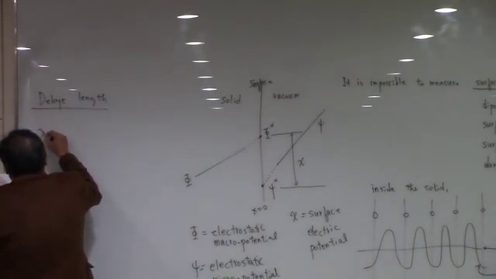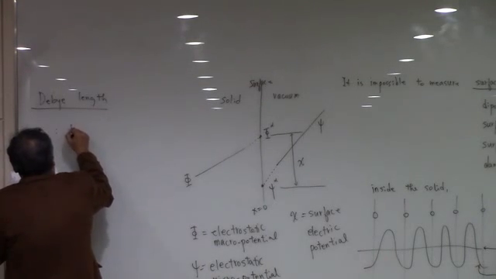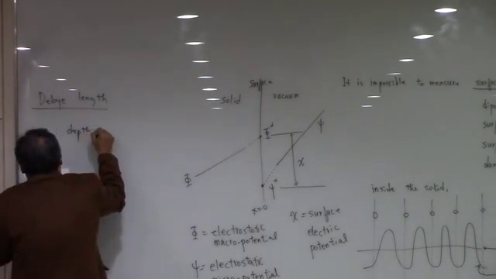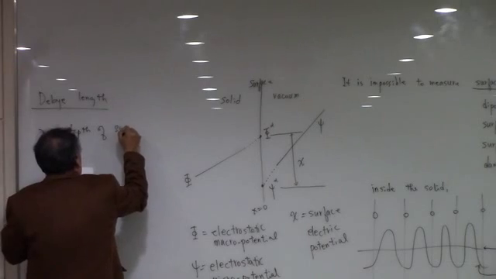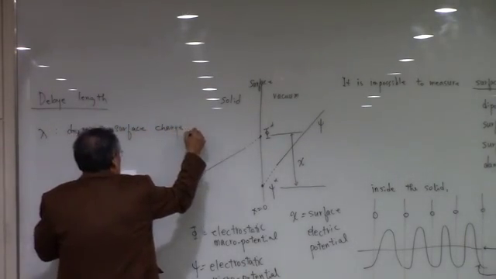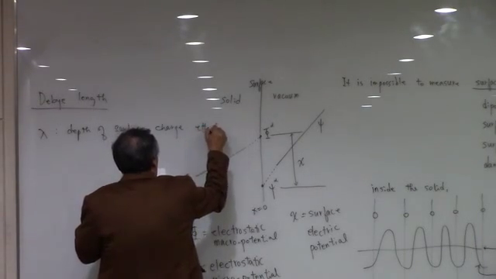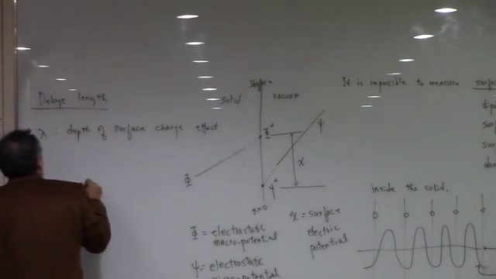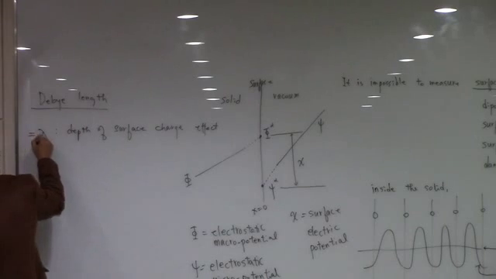The lambda is the depth of the surface charge effect, and that is the Debye length.